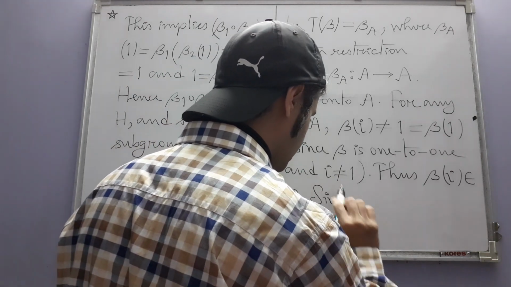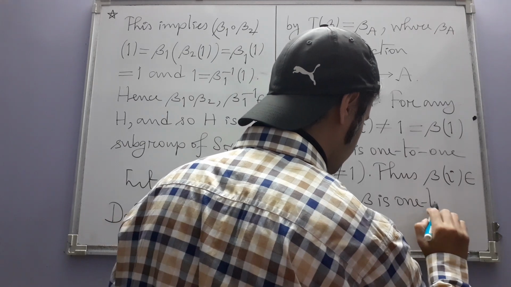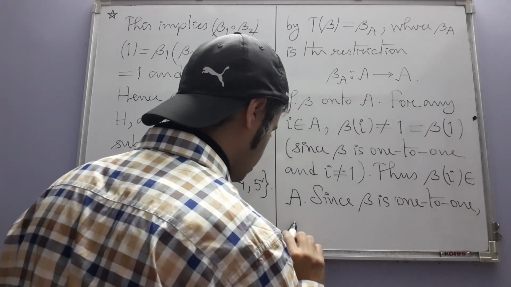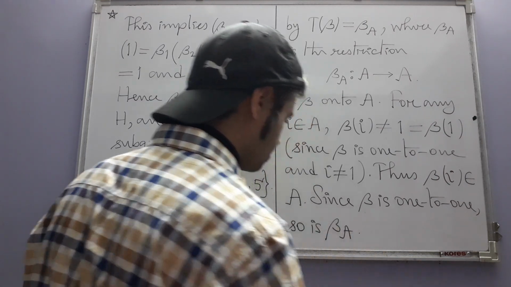Next, since the original beta is 1 to 1, so is the restriction.